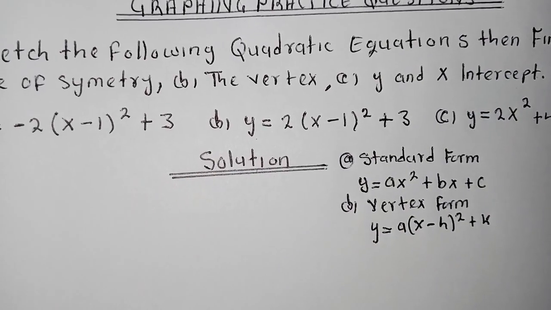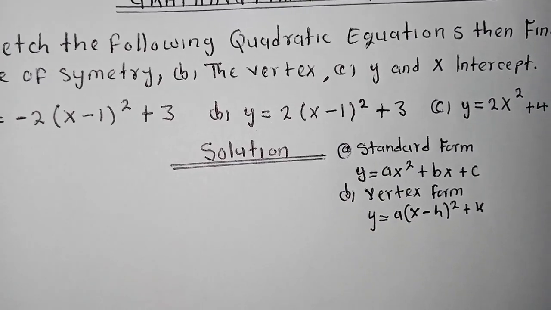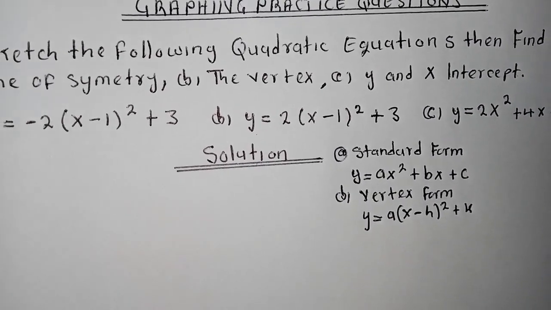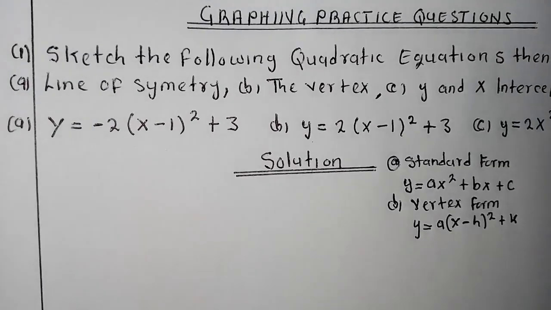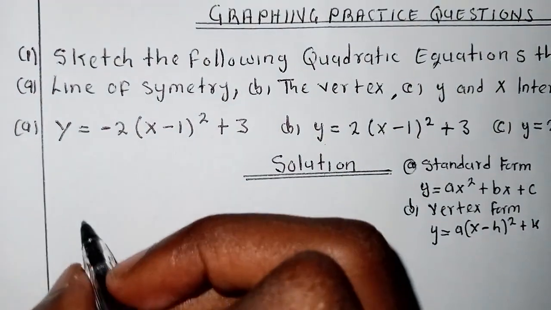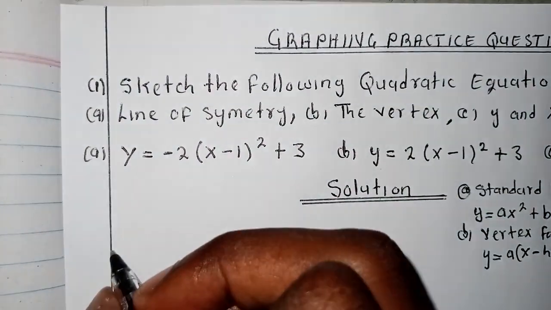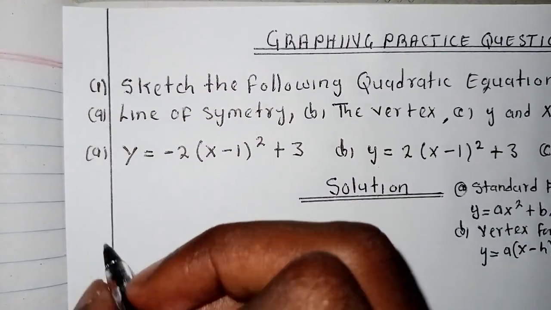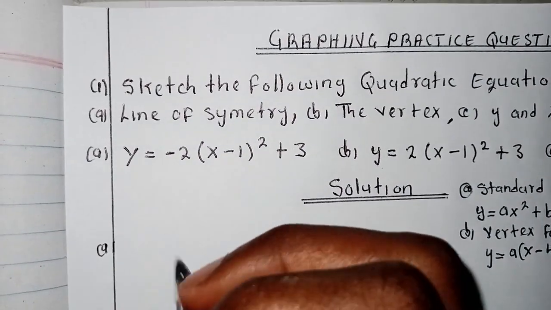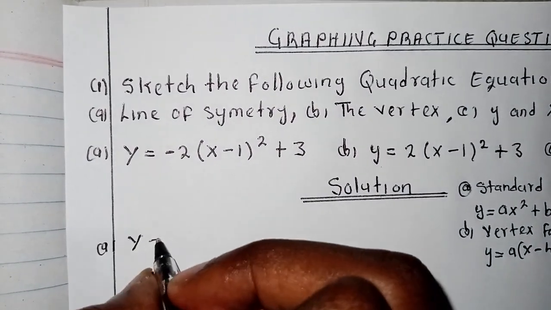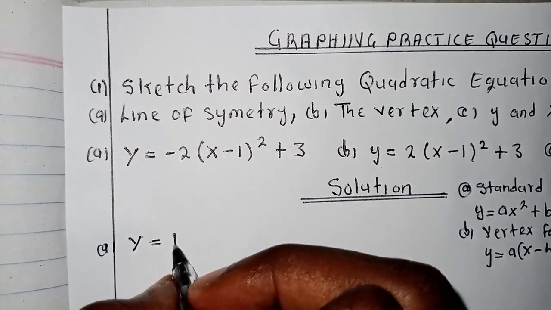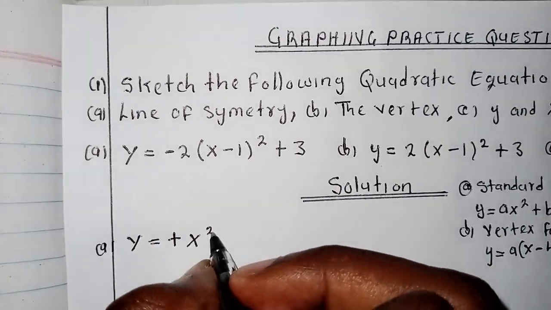Okay, so now let's get into graphing. There are two graphs that you're supposed to be familiar with. The first graph is simply y is equal to positive x to the power 2.